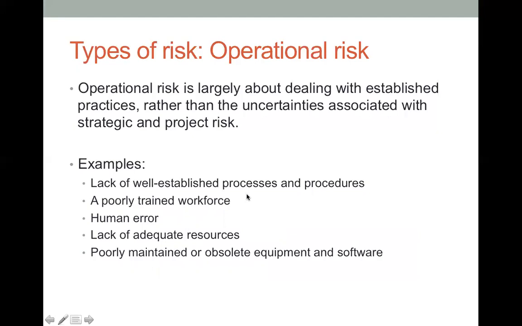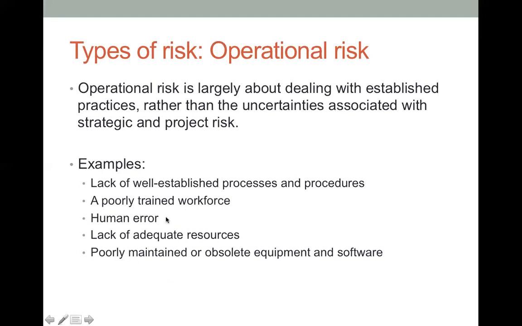Examples of operational risks include this one here: lack of well-established processes and procedures. Sometimes policies as well. If we don't have policies in our operation, then it may lead us to lack of direction and eventually failure as well. A poorly trained workforce, which is basically about our day-to-day operation.